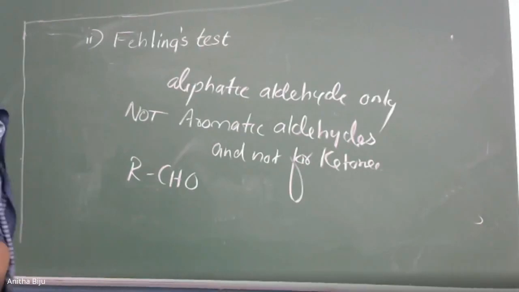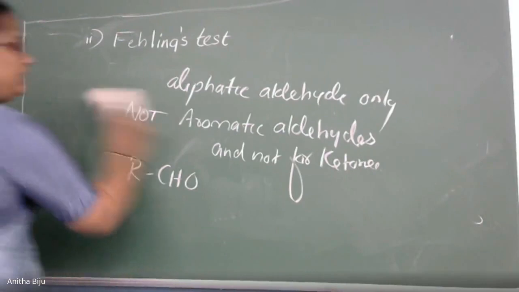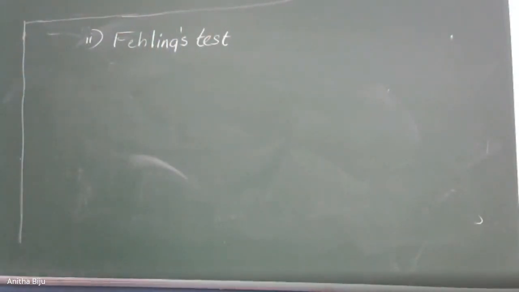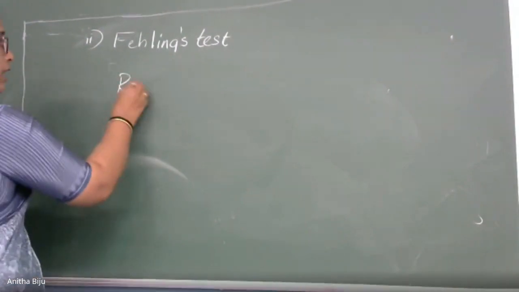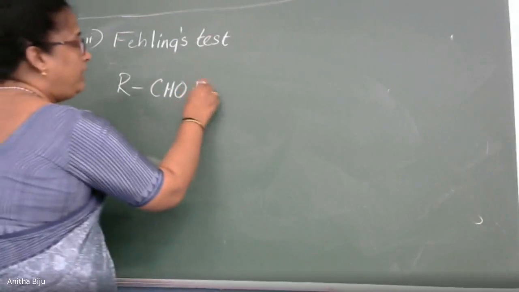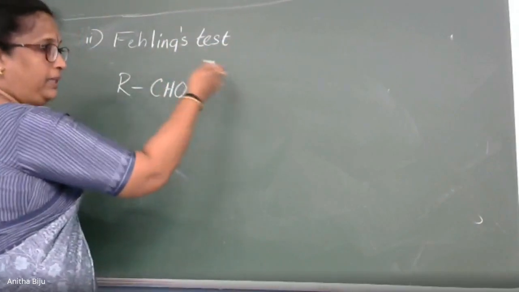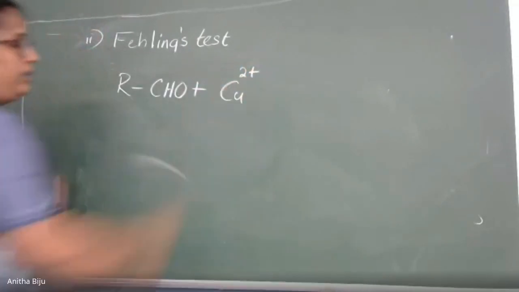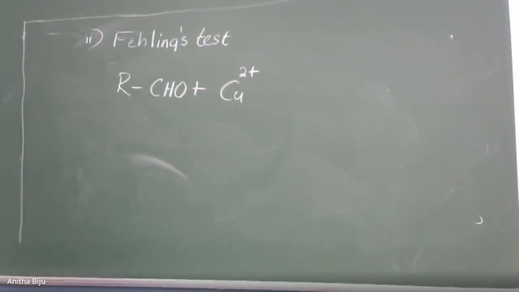Now let us think about the equation. What is the process that takes place? This reaction is very simple even compared to the previous case. First of all, we take aliphatic aldehyde, RCHO. Then from the copper Fehling solution A and B, we take only the copper ion, Cu2+, cupric.